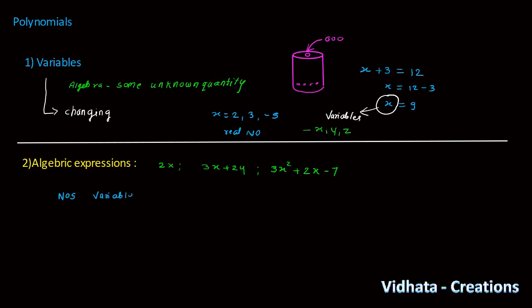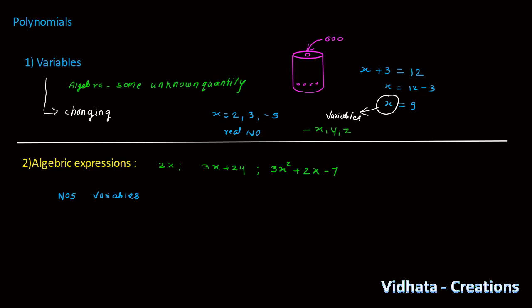But now the question is, is this much information sufficient for you so that you can recognize that yes, it is an algebraic expression? Is this information sufficient for you to understand that these are algebraic expressions? I think no. For that, let us take another example.